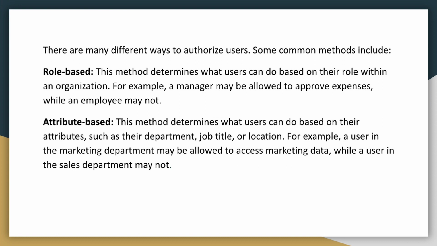That user may have access to the marketing data. But a user in the sales department cannot access the marketing data. He or she is only authorized to access the sales data. So I guess now authorization and authentication are clear.